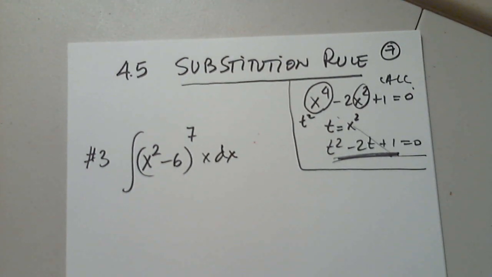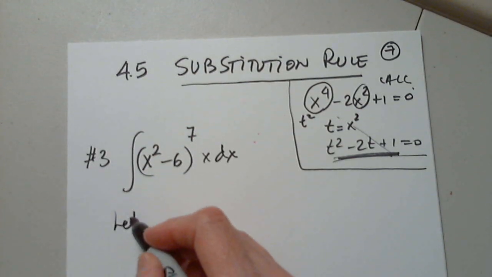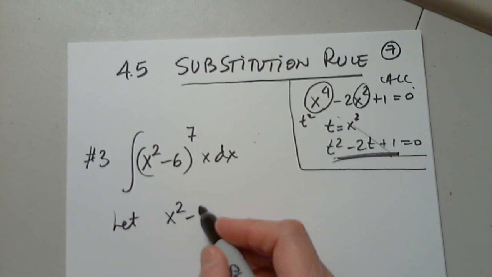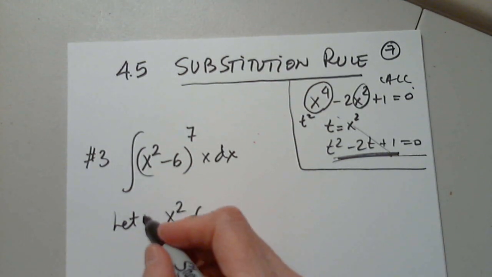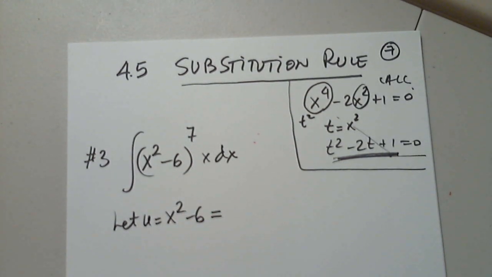But it is easier to say, let u be x squared minus 6. It doesn't matter if you say x squared minus 6 equals u, or u equals x squared minus 6. Okay, that is our substitution.